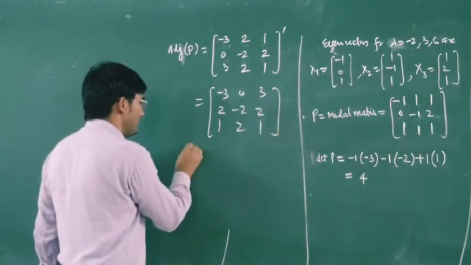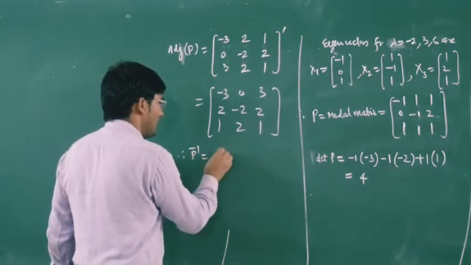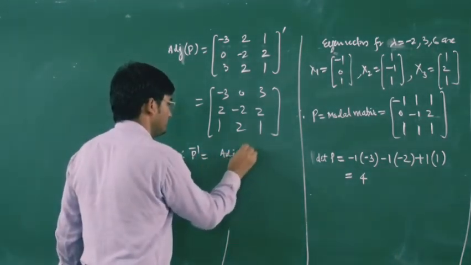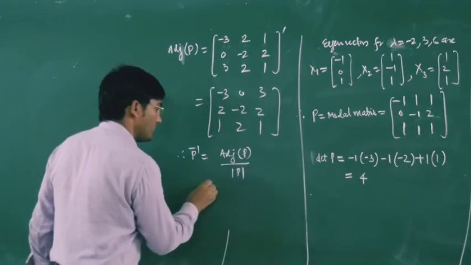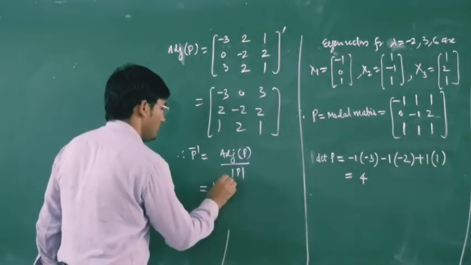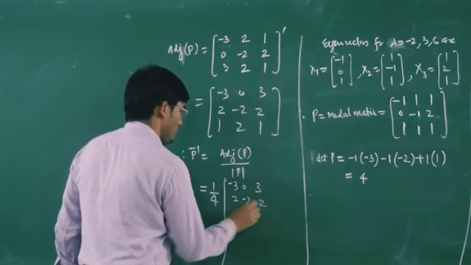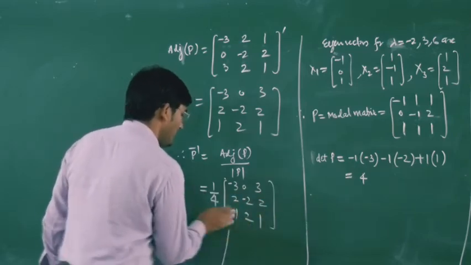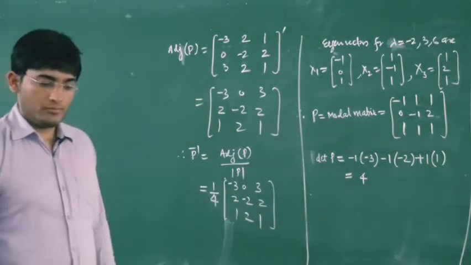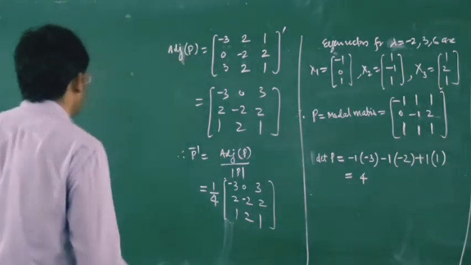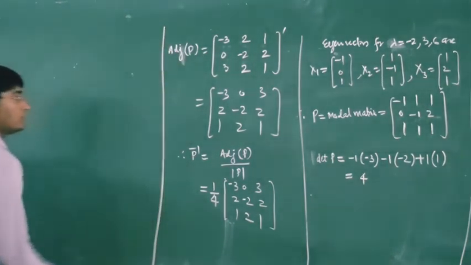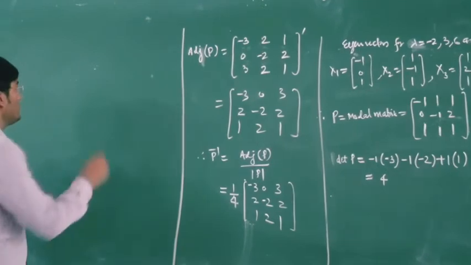Therefore your P inverse will be adjoint P upon determinant of P, and this is equal to 1 by 4, minus 3, 0, 3, 2, minus 2, 2, 1, 2, 1. So we have the value of P inverse. Now let us calculate P inverse into AP.